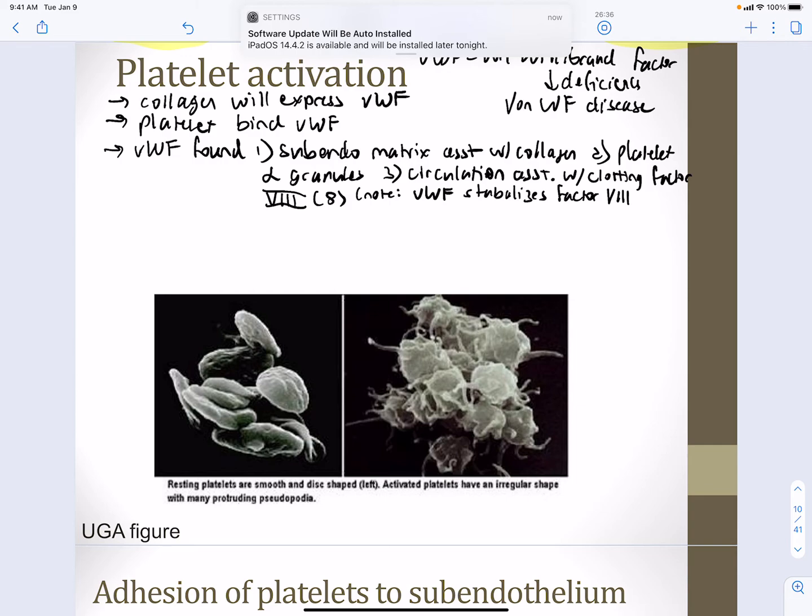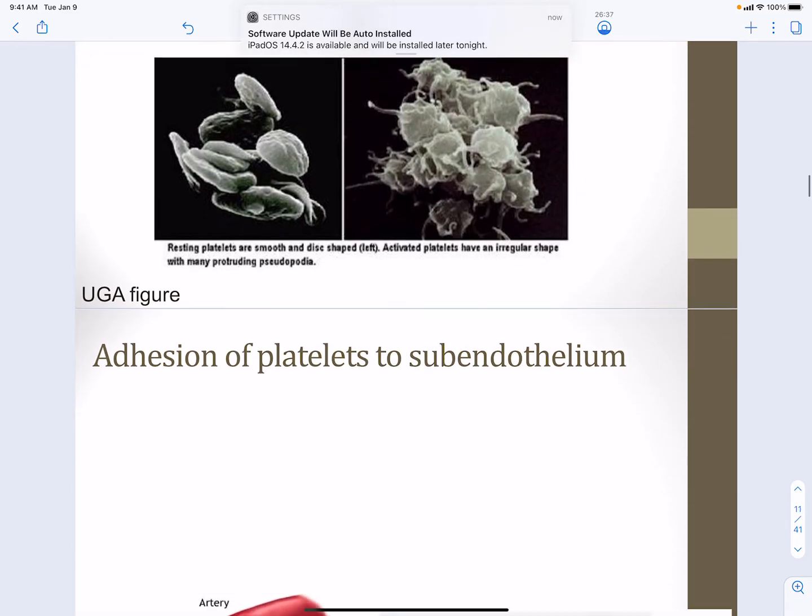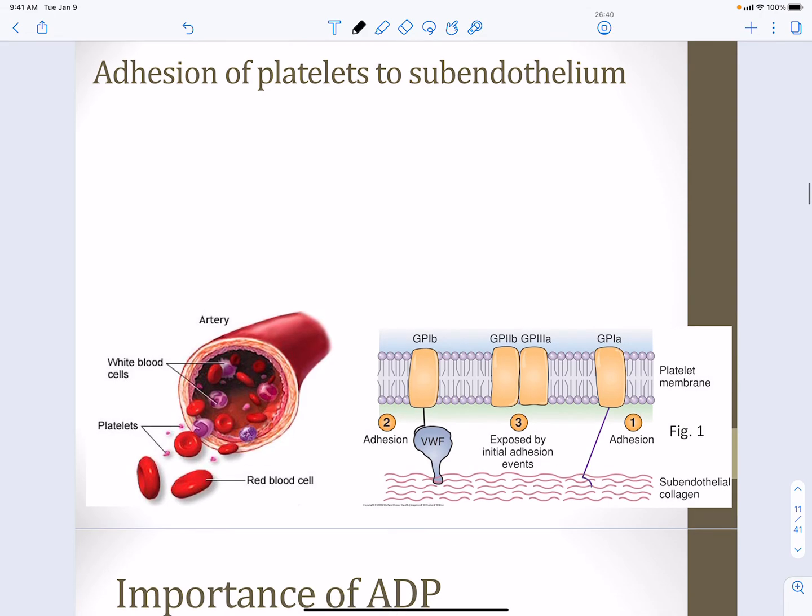Okay, so now adhesion of platelets is going to lead to a series of reactions within the actual platelet, and this series of reactions is going to lead to platelet activation. What is going to trigger this is blood vessel injury, which exposes collagen.